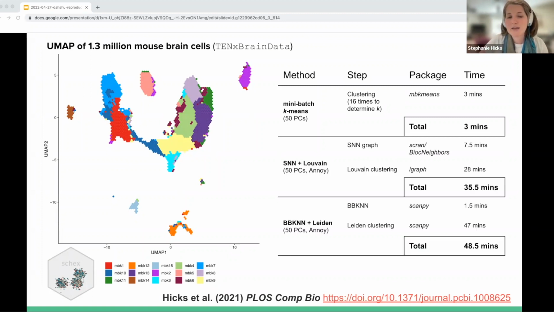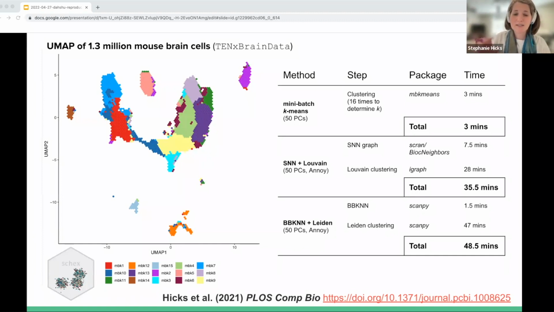In contrast, we compared that to state-of-the-art graph-based clustering, which is available, for example, in Bioconductor or Python or ScanPy. In Bioconductor, the state-of-the-art is to first calculate a shared nearest neighbor graph on the top 50 PCs, followed by Louvain clustering. And in ScanPy, at least at the time of the publication, it was BBKNN or batch corrected KNN followed by Leiden clustering.